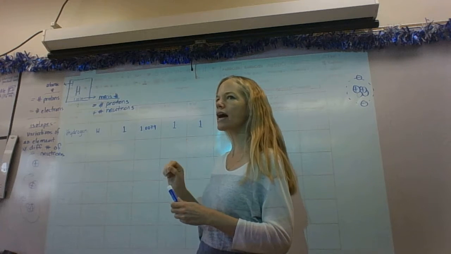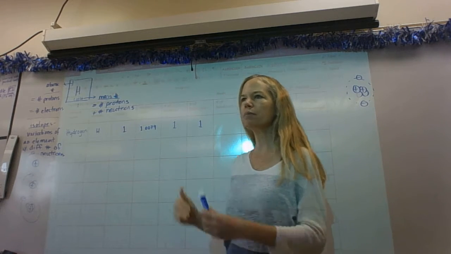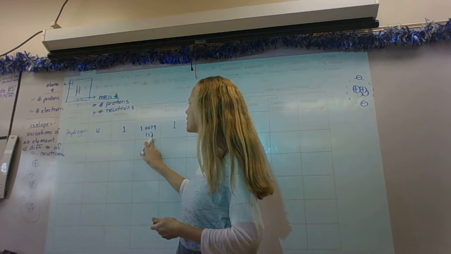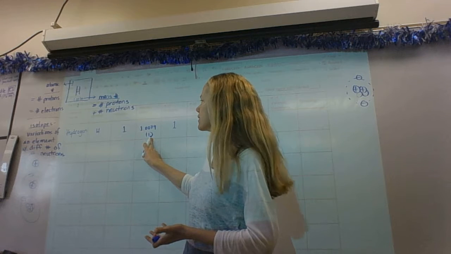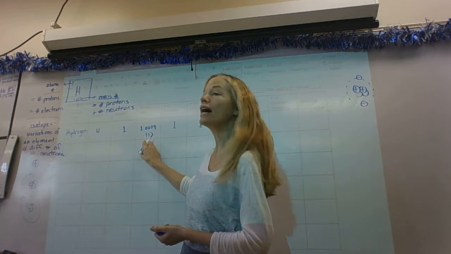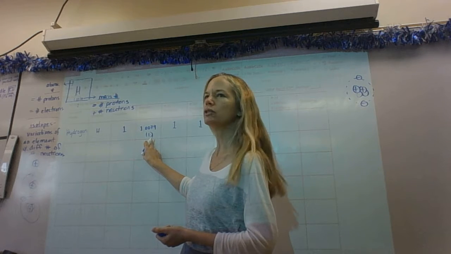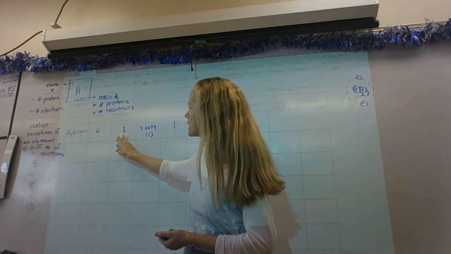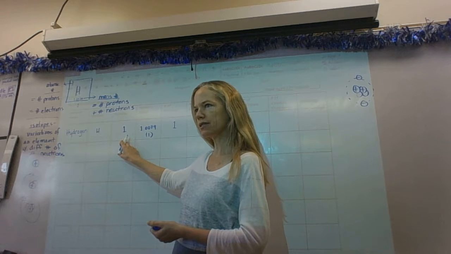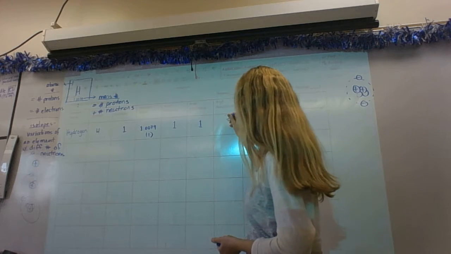Basically, every single time that we want to get the number of neutrons, all we have to do is round this up or down. We're going to round it down because obviously it's not 5 or larger. So we're going to round it down to 1. So all we have to do is take 1, which is the atomic mass, minus 1, which is the atomic number, and that gives us the number of neutrons. Make sense? Okay, good.